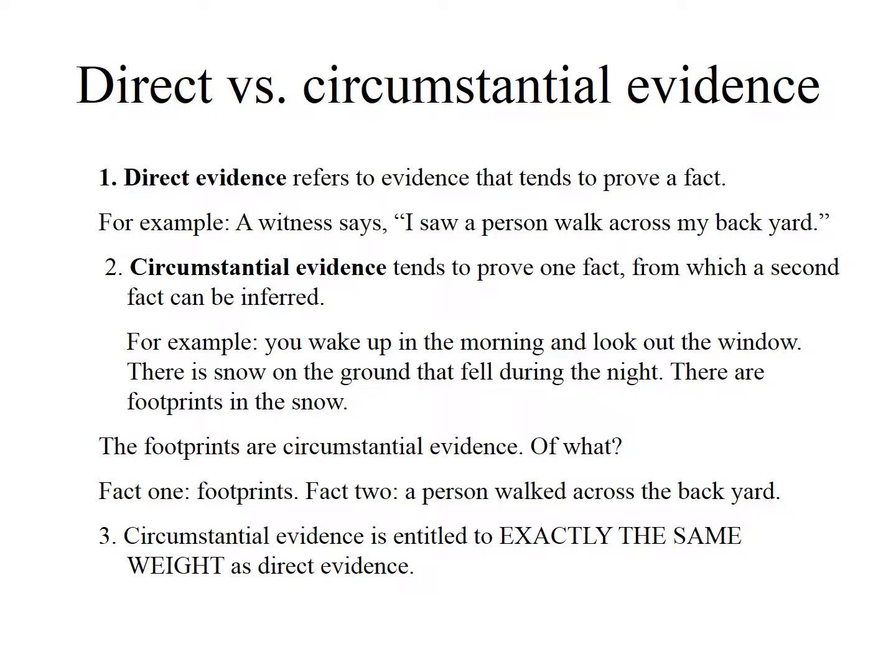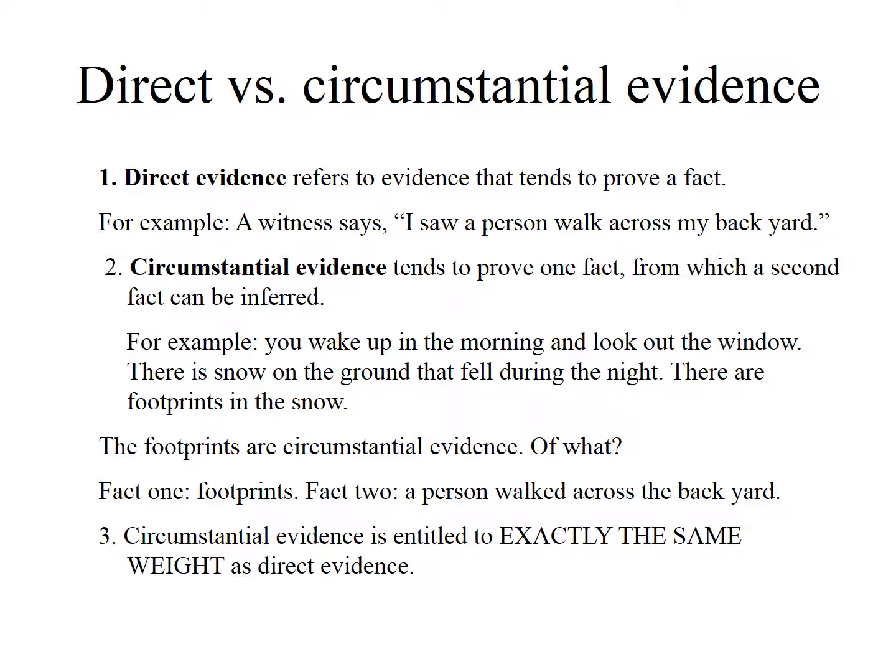Well, under the law, circumstantial evidence is entitled to exactly the same weight as direct evidence. Exactly the same weight. It is not less important than direct evidence. In fact, in many cases, circumstantial evidence is much more persuasive than direct evidence. So when you hear people say, well, all they have is circumstantial evidence, don't be fooled. That's just as good as direct evidence.